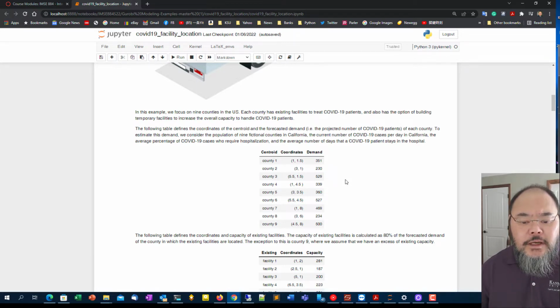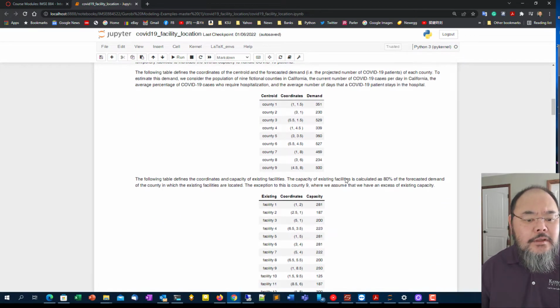These are the forecasts, and this is a per day demand, along with the average number of days COVID patients stay in the hospital. Here is the data. We can estimate the demand for each one of the counties based on their population and their current prevalence, meaning the infected population.